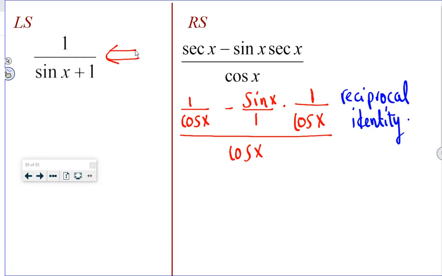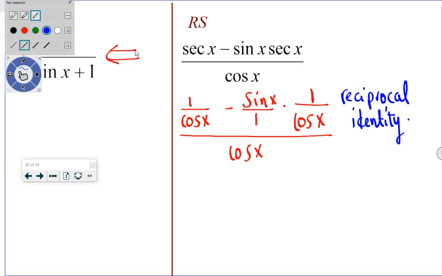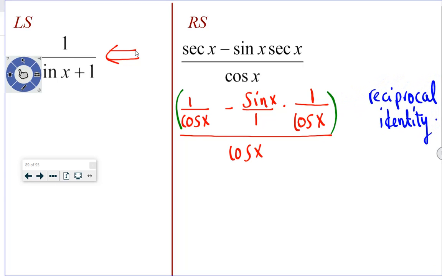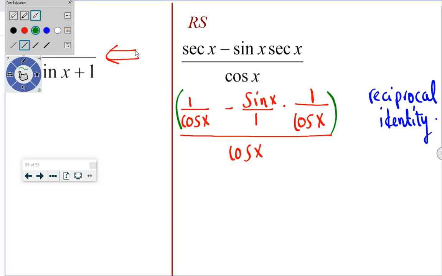I want to be able to leave room to write that I have to multiply top and bottom by cosine of x. So this was a little bit of bad planning on my part, and if I were writing an exam, I would erase this and move it over. Don't crowd things in. If you have to rewrite something, then by all means rewrite it.